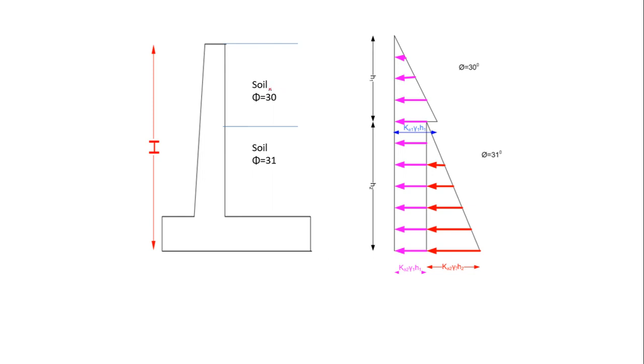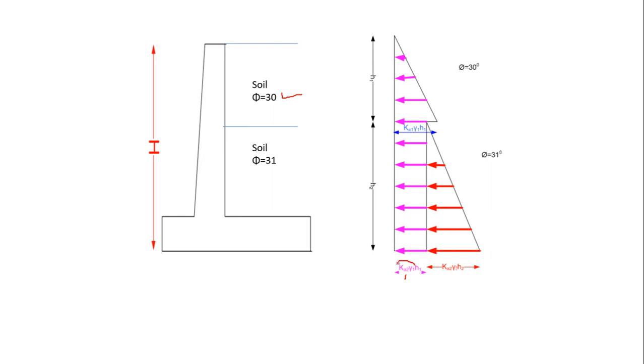In this case the initial value of phi is 30, then the distribution diagram is triangular, and it is going to continue for the bottom layer soil, because it is going to act as a surcharge for this. For this reason we take the value as Ka2 for the bottom layer, not continuing with Ka1. So Ka2 into gamma 1 into H1.